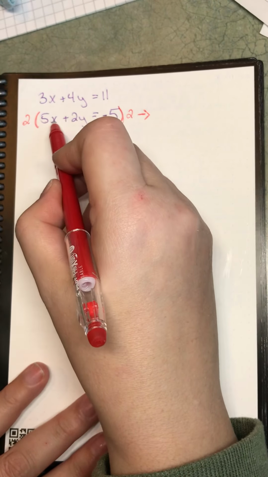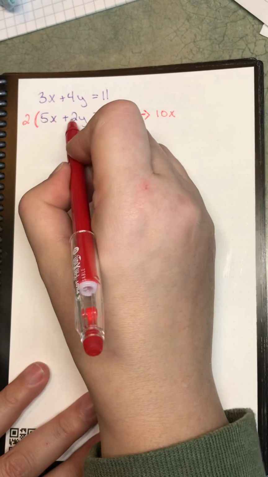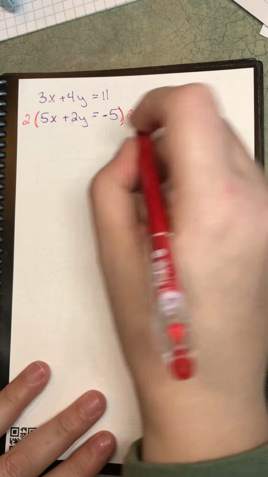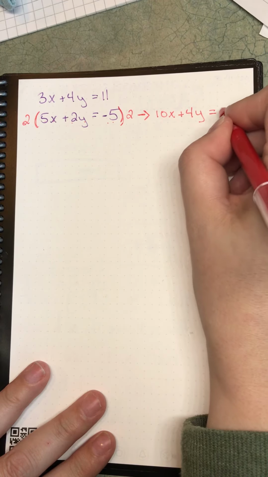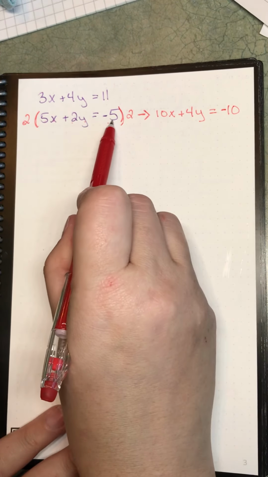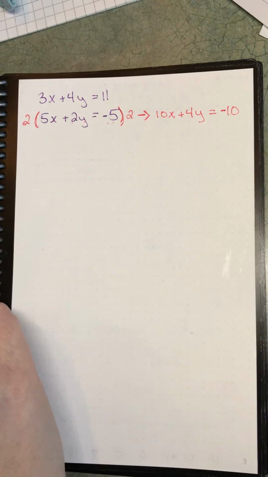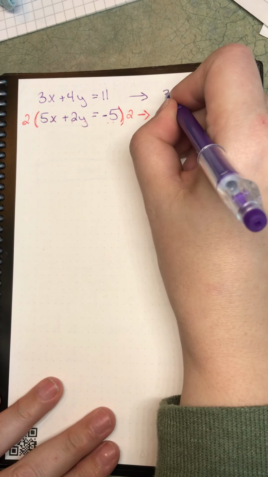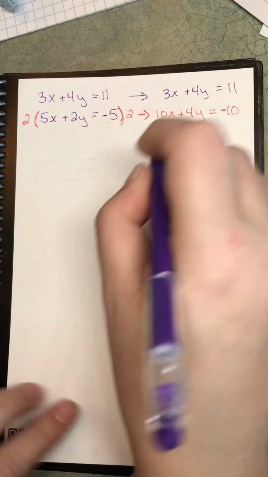So 2 times 5x is 10x, and 2 times 2y is 4y, and 2 times negative 5 is negative 10. So now I've multiplied all 3 pieces by 2. And then this top equation can just stay the same. So I have my 3x plus 4y equals 11.